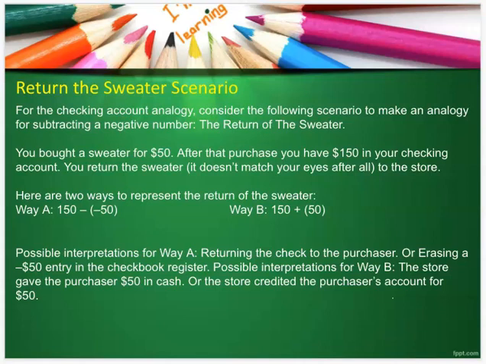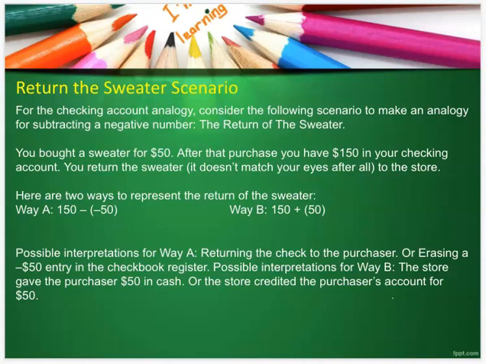If you think of the second way, $150, you go to the store, you bring the sweater back, they give you $50 cash, right? So that's increasing that. Whereas the other way, it might happen behind the scenes. They eliminate that $50 debit. So this is how you can connect subtraction and addition.